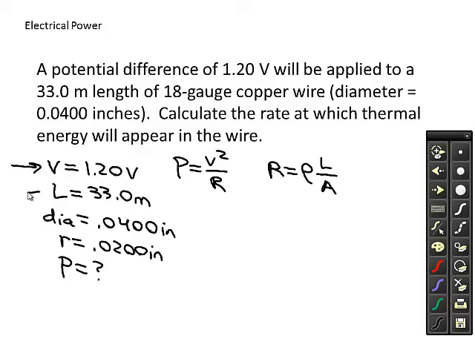Resistivity of copper is 1.69 times 10 to the negative 8, and of course, the units are ohm meters.